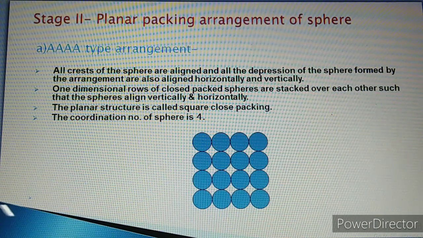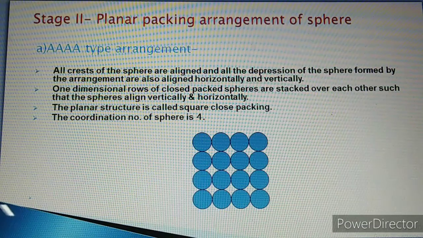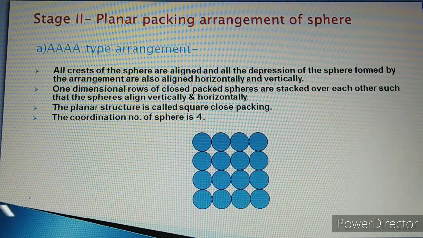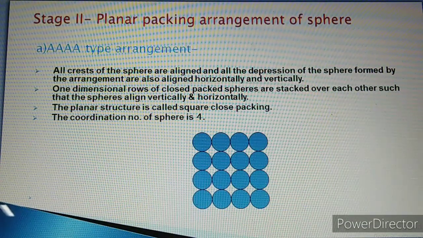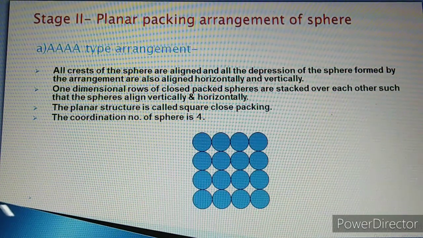See again, all the crests of the spheres, that is corners, tops of the spheres, are aligned and all the depressions of the spheres formed by the arrangement are also aligned horizontally and vertically. One-dimensional rows of close packed spheres are stacked together over each other in such a way that the spheres align vertically and horizontally.